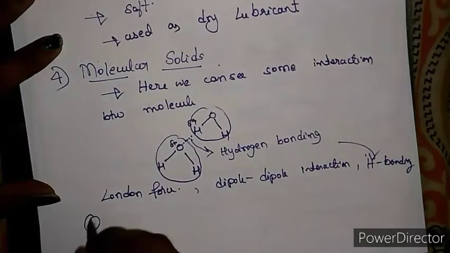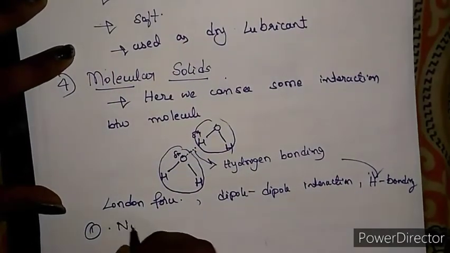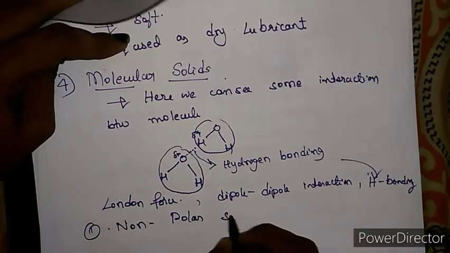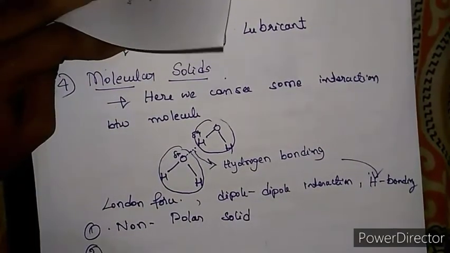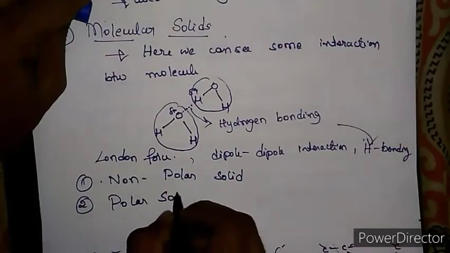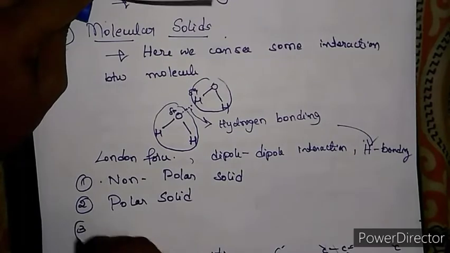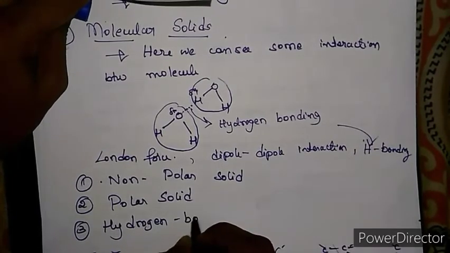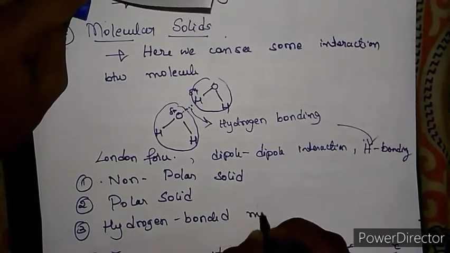One is the non-polar solid. The second one is the polar solid, and the third one is the hydrogen bonded molecular solid.